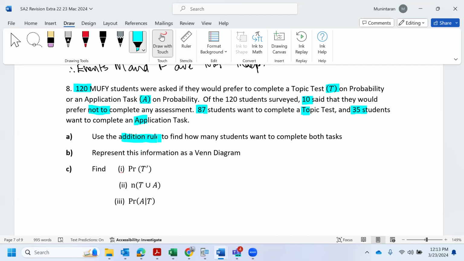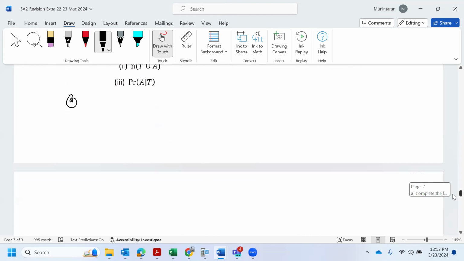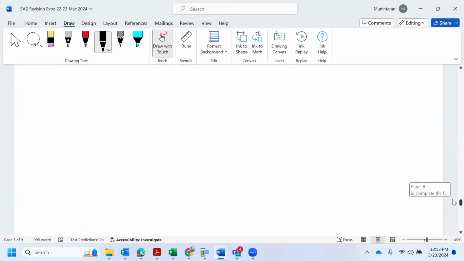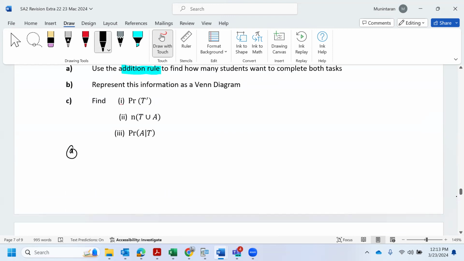What is this addition rule? They want us to find the number of students. It's just a number, not probability.